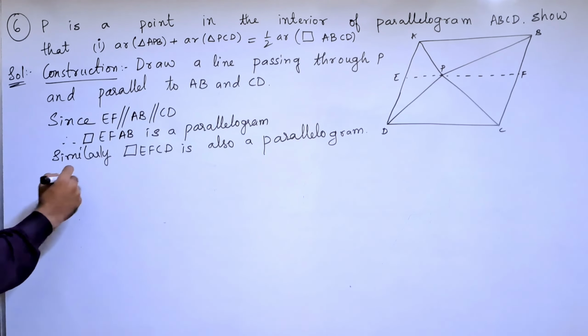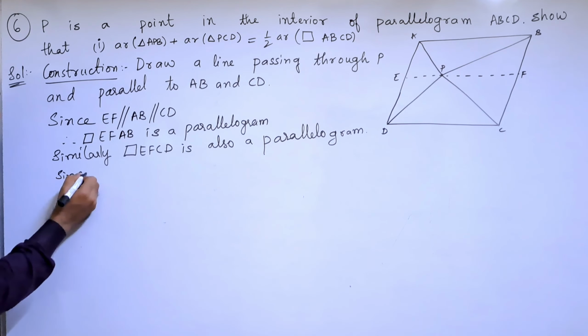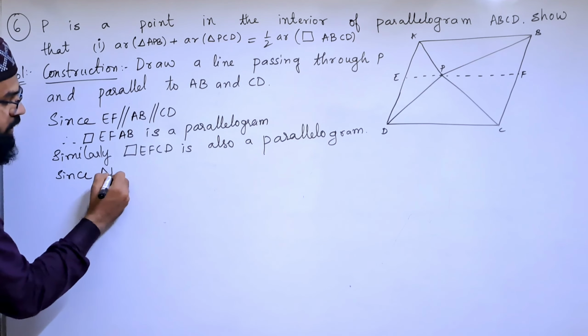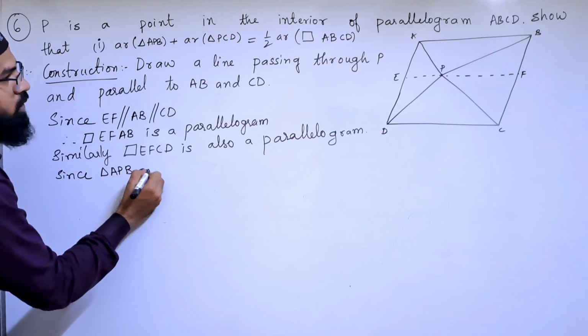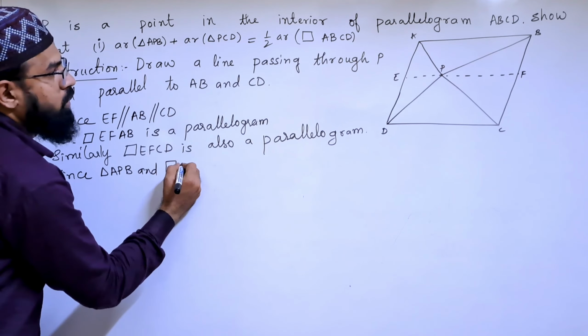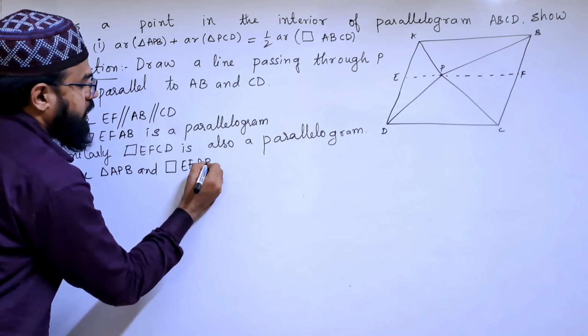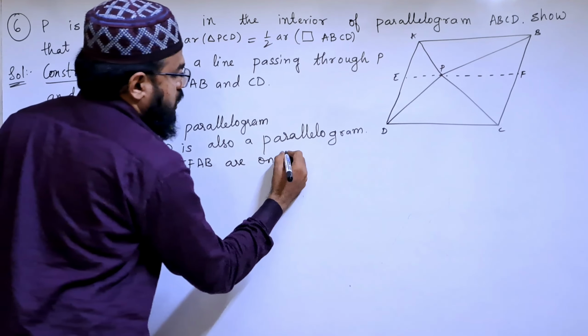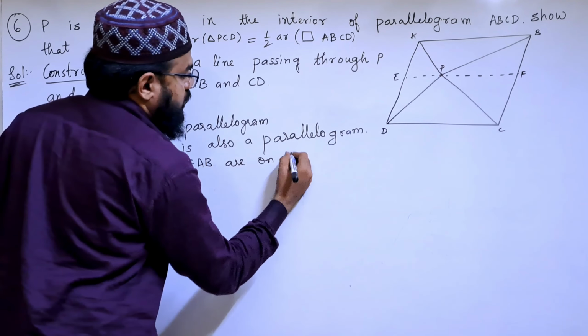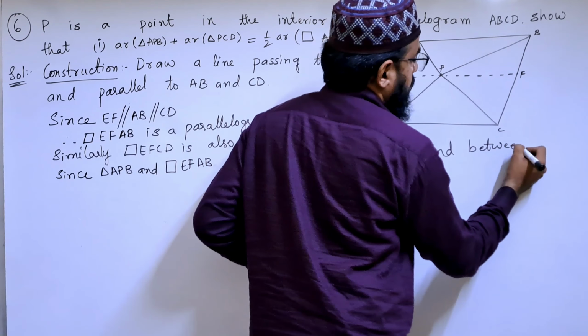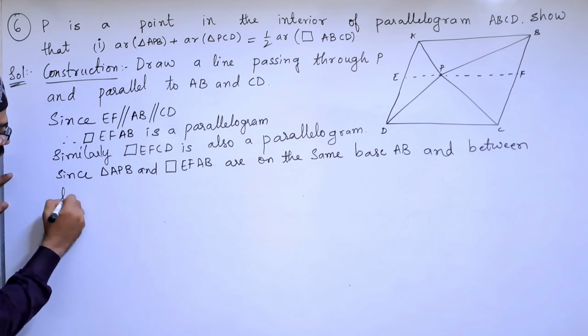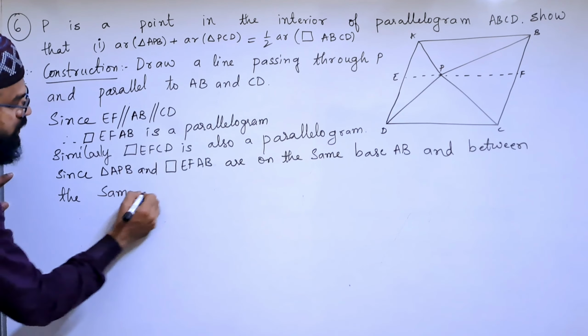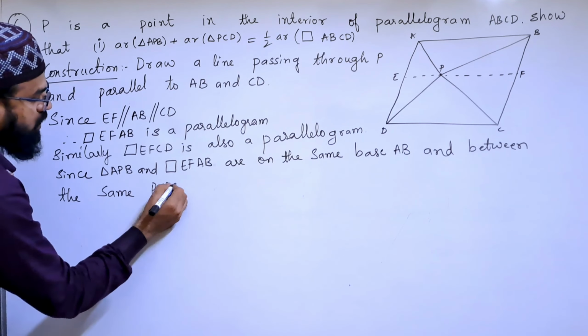In this, we can say that since triangle APB and quadrilateral EFAB are on the same base, that is AB, and between the same parallel lines.